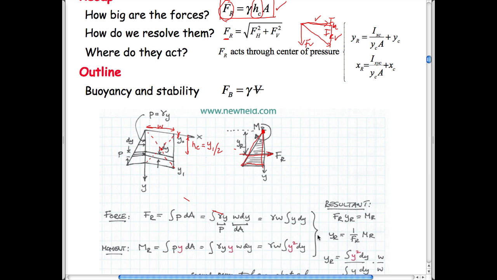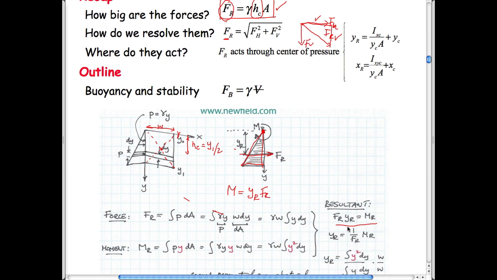If we look at the moments about the surface, we can write this expression here: the moment about this point is equal to the lever arm multiplied by the magnitude of the force. Nothing more than that, right? This is the lever arm, this is the force, and if you want to counter that, you have to apply a moment that does that. If you do that, then it will be in equilibrium.